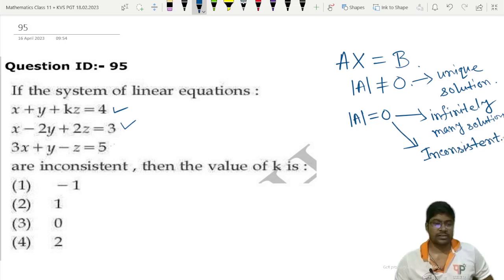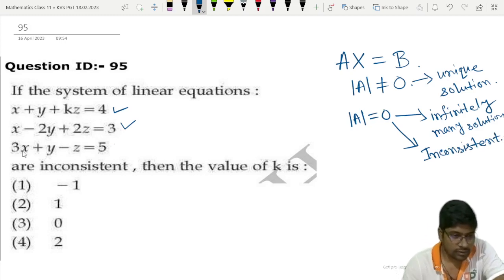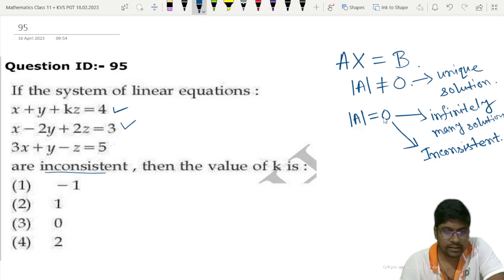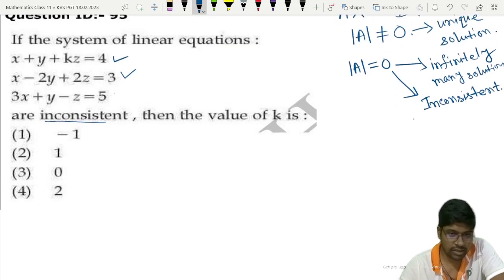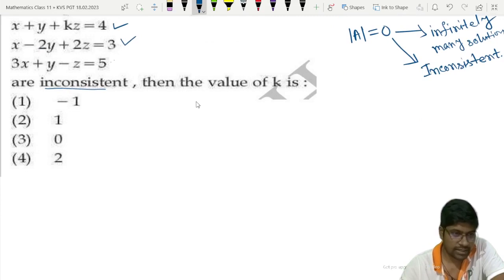Here they are asking for what value of k the system of linear equations will be inconsistent. So we just have to equate the determinant of A with 0 and find the value of k. That is the theory I have told, and now we are going to use it here.